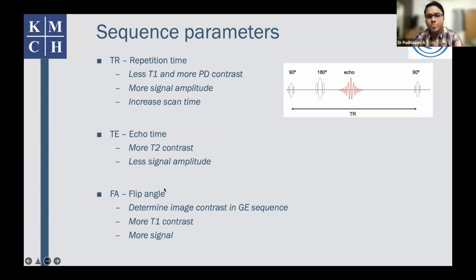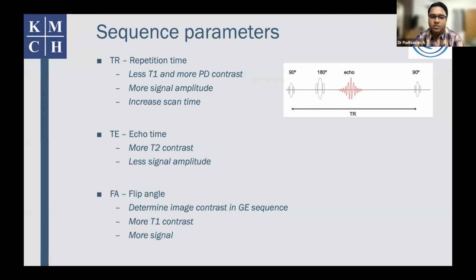Coming to flip angle. Flip angle determines the image contrast in gradient echo sequences. Flip angle doesn't have a role in image contrast in the spin echo sequence, in the same way that the TR time doesn't have a say in the image contrast in gradient echo sequences. Increasing the flip angle will produce more T1 contrast, whereas a very small flip angle will produce more T2 contrast.